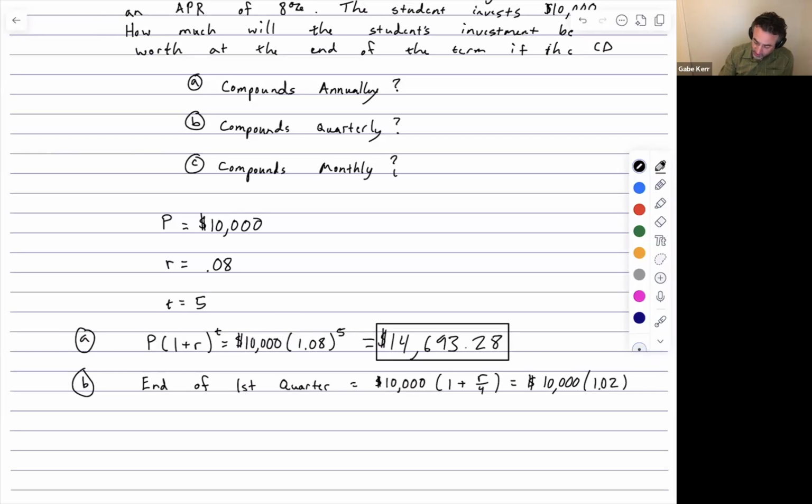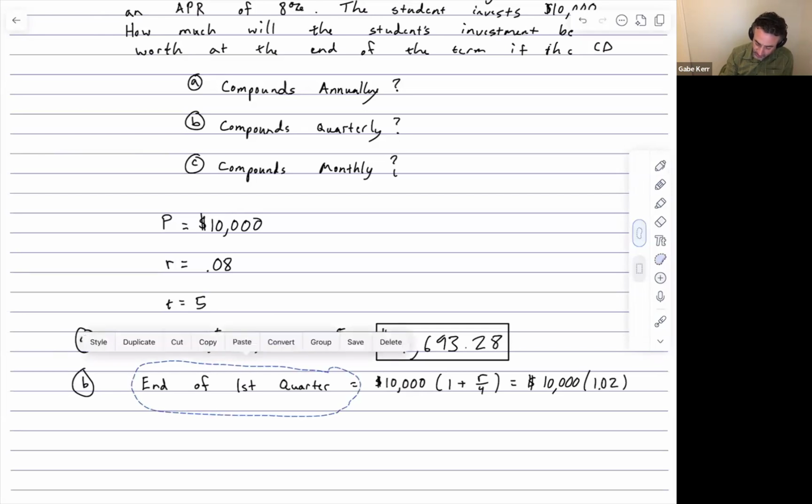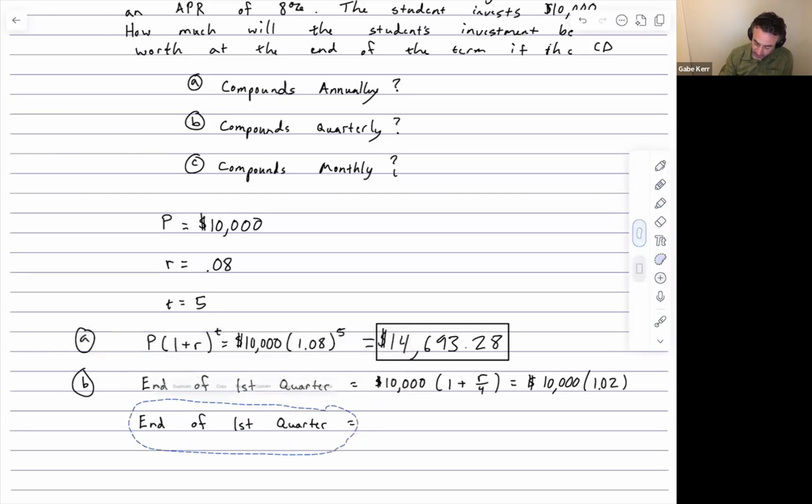But we can do this again. That's the worth of the investment after the first quarter. What about after the second quarter?